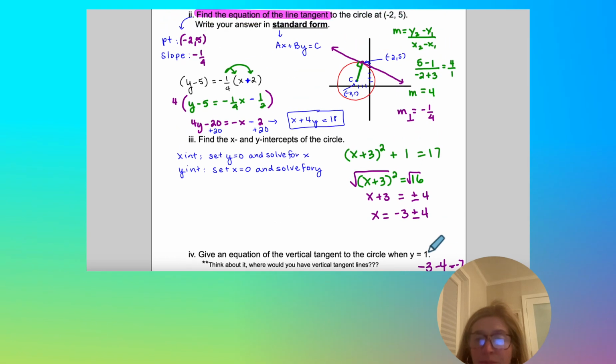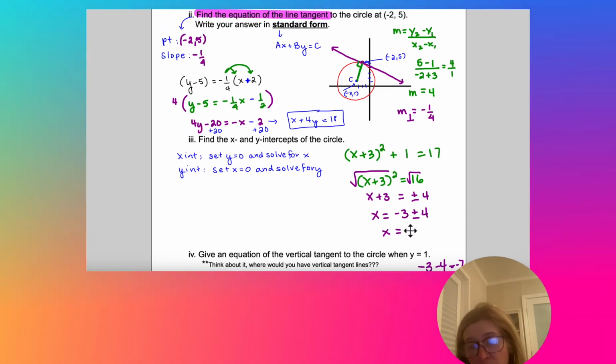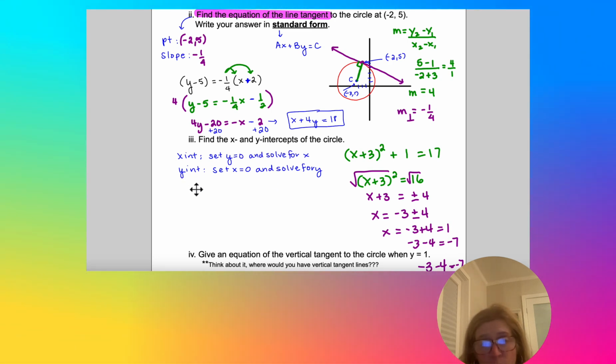So you get x equals negative 3 plus 4, which is 1, and negative 3 minus 4, which is negative 7. I always like to write intercepts as ordered pairs, so that would be (1, 0) and (negative 7, 0).